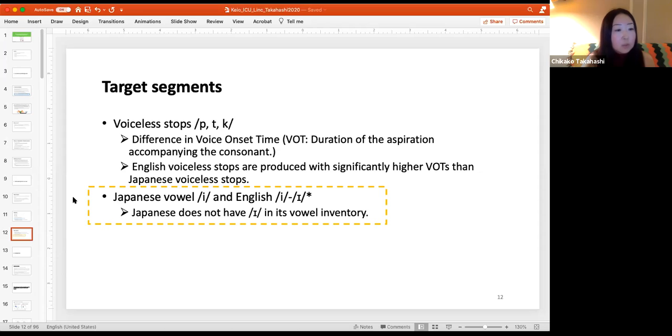For vowels, we focused on high front vowels in the two languages, Japanese vowels E and I, English vowels E and I. Since Japanese does not have I in its vowel inventory, learners need to learn that vowel.